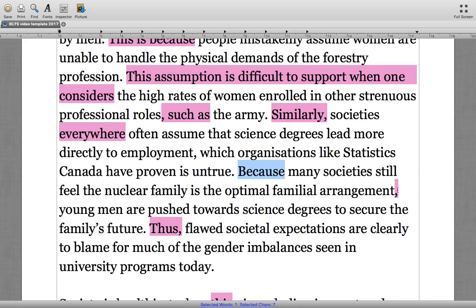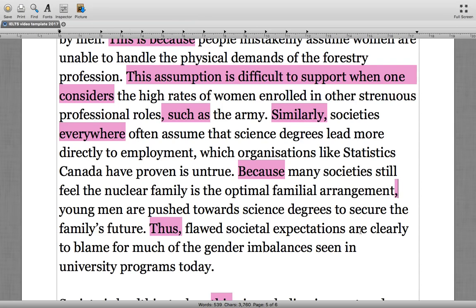But with the comma at the end, this is a dependent clause that connects to the next independent clause: young men are pushed towards it. So when you use it like this, "because," then your dependent clause, then a comma, it's grammatically correct. And it's a nice way to lead your reader towards your conclusion as well. So just be sure to use your comma and make sure that it's a dependent clause, otherwise it will be grammatically incorrect. And then finally, "thus."